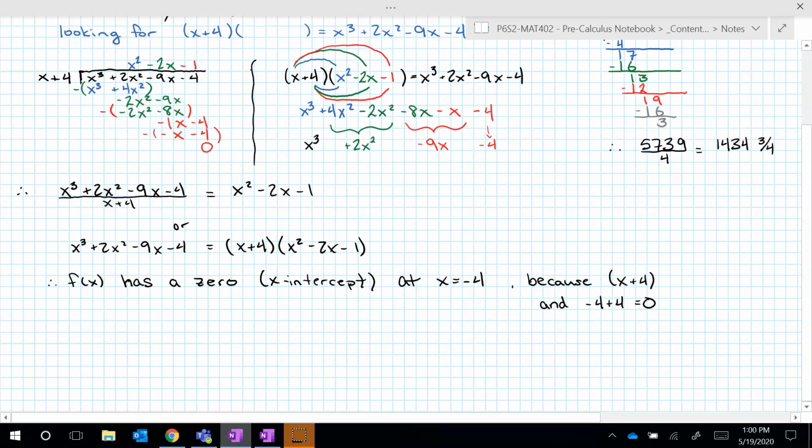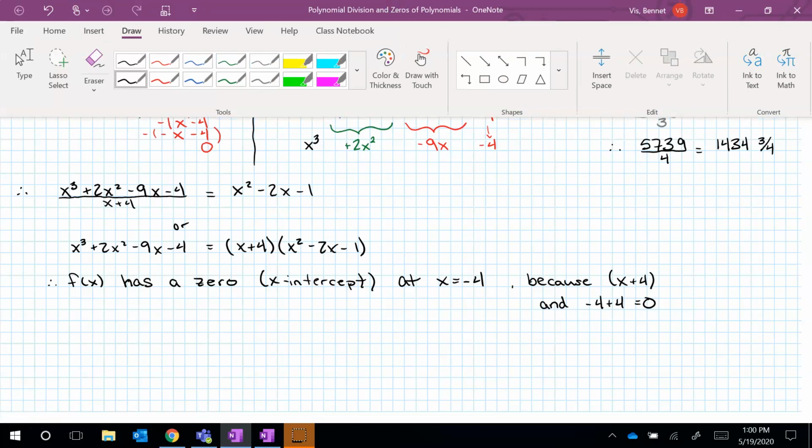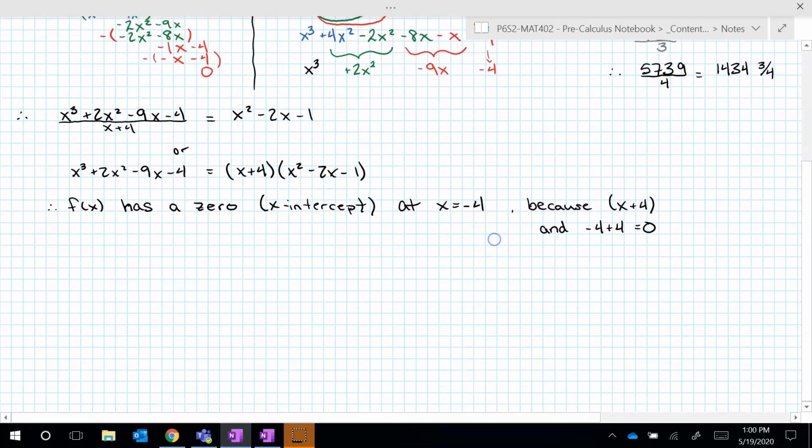So what we now want to do, if I found that, the next step would be to find the other zeros. That's the natural next progression here, and what a lot of the questions in the book will be like.